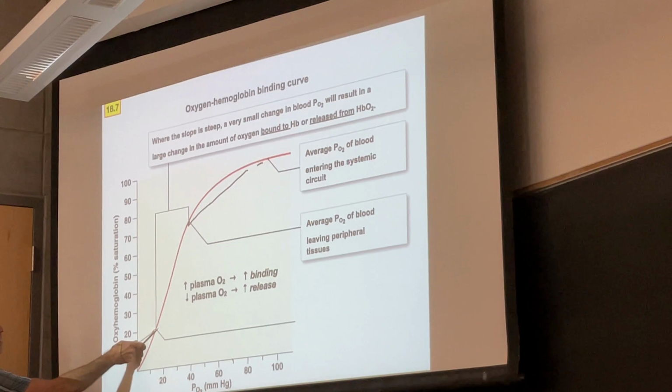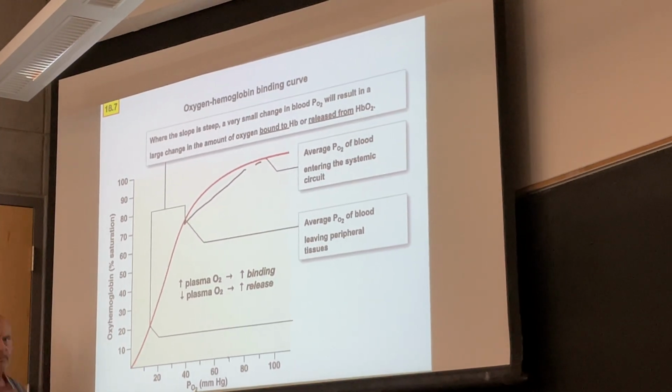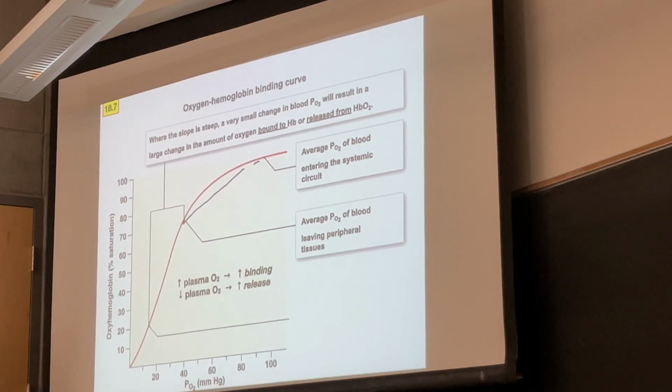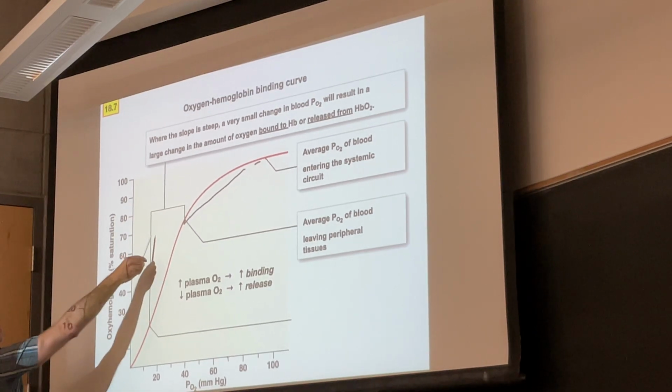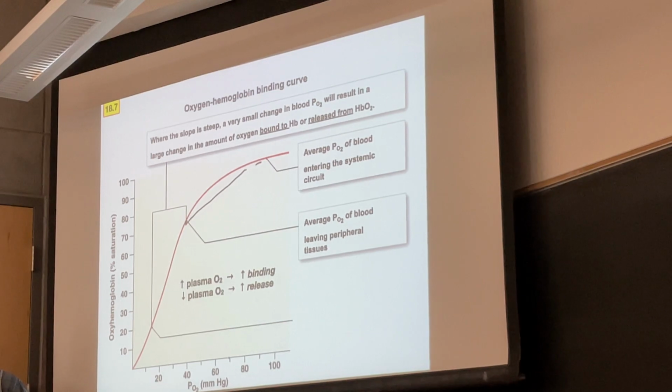That's why the saturation is also very low, because the hemoglobin was releasing the oxygen at this point. So you have all that from 70 to here to spare in hard-working tissue.